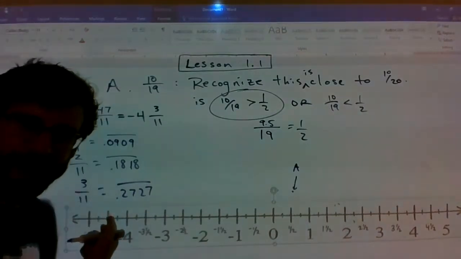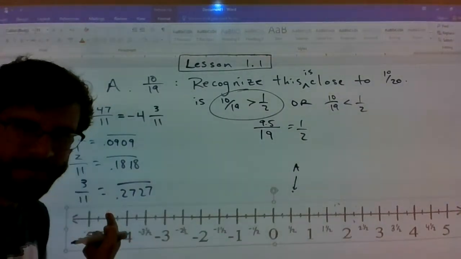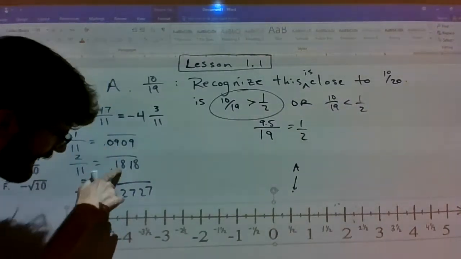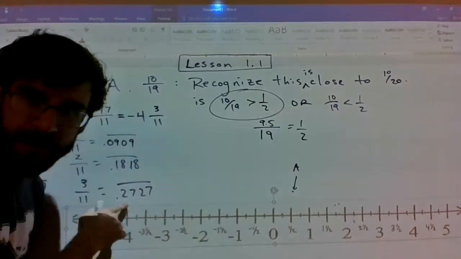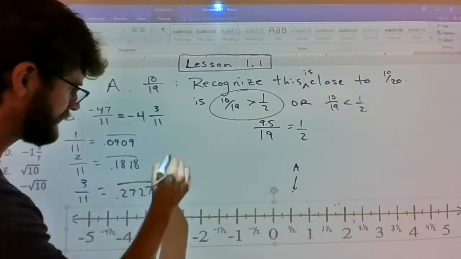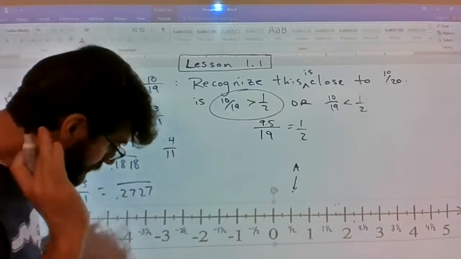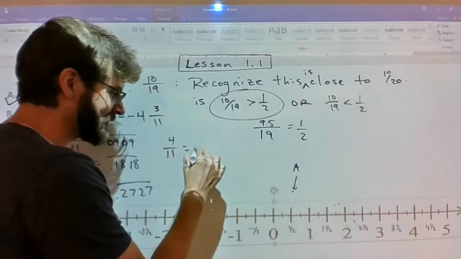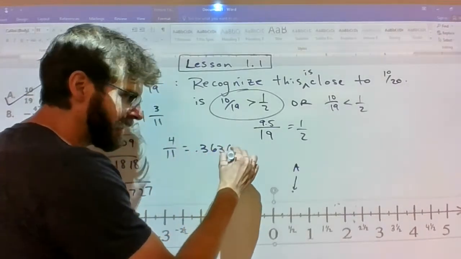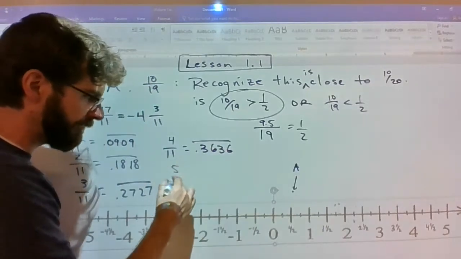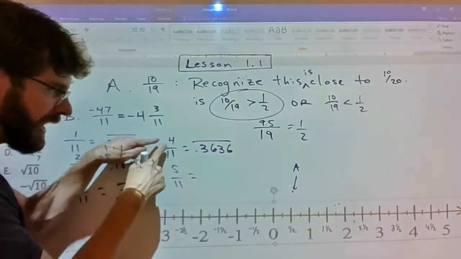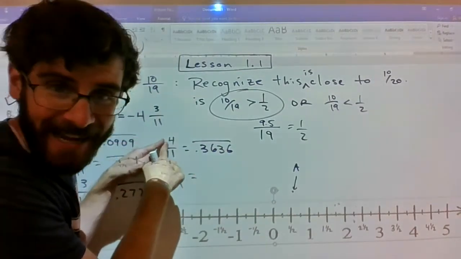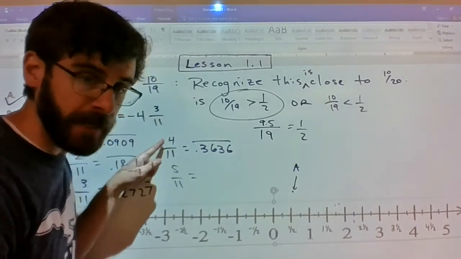Do you guys see the pattern that's happening here? 9, 18, 27. What would the next one be? 36. Yes. For some reason, the 11ths share this pattern of all I got to do is multiply the top number by 9, and that's the number that keeps repeating.